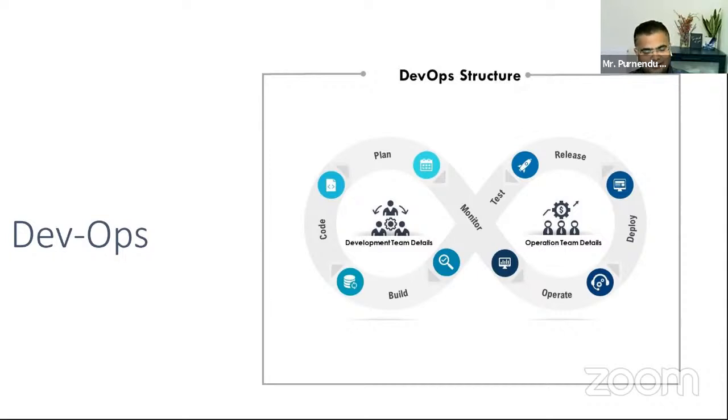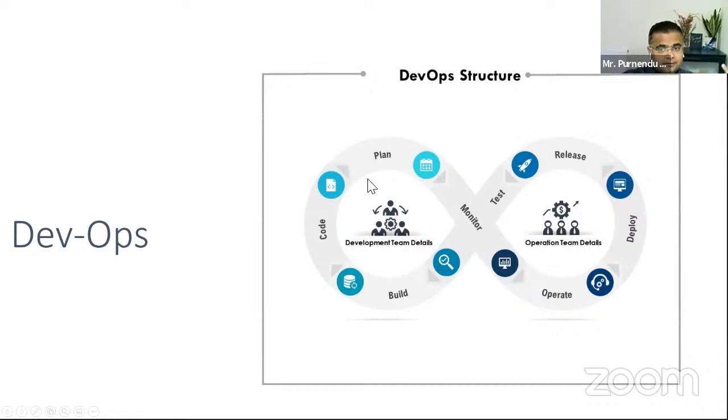So what we have done is we have mixed them together, okay? And that is called DevOps. I'm not going too much into it, but if you are all interested, we can get in touch, and I'm more than happy to do another session on DevOps itself, because this in itself is a big thing.